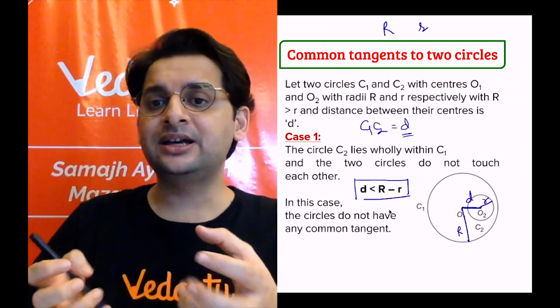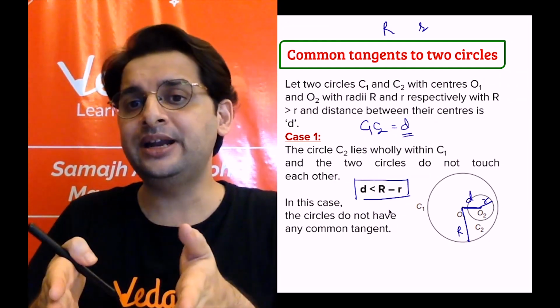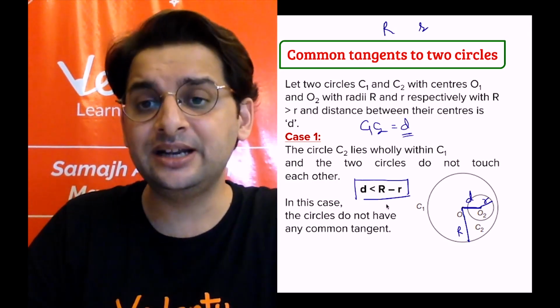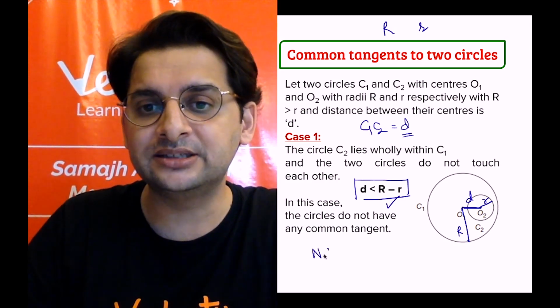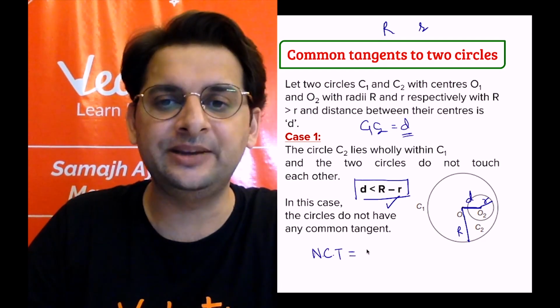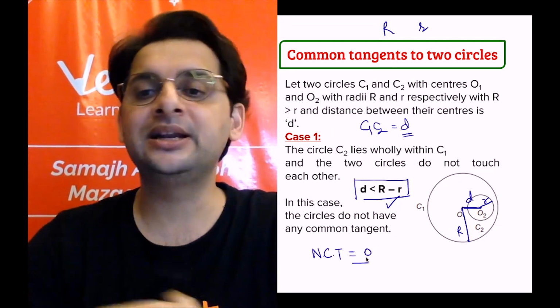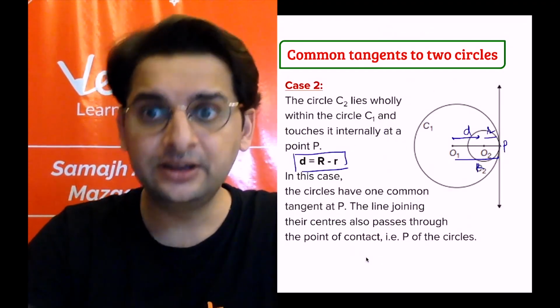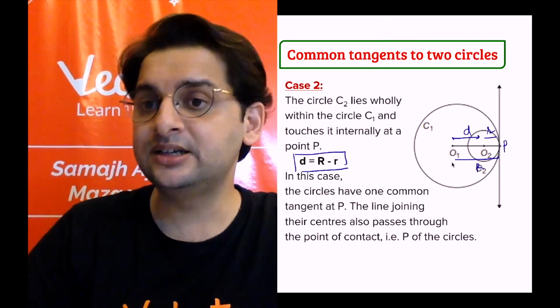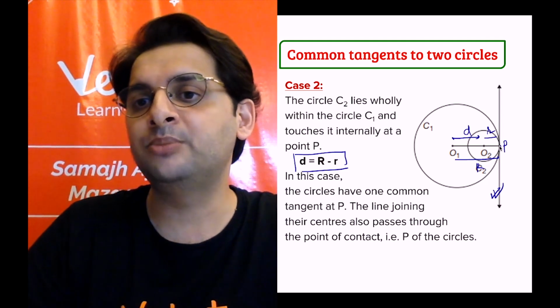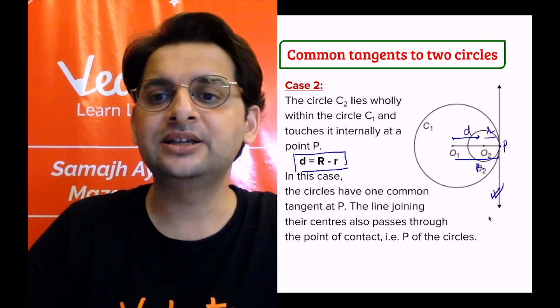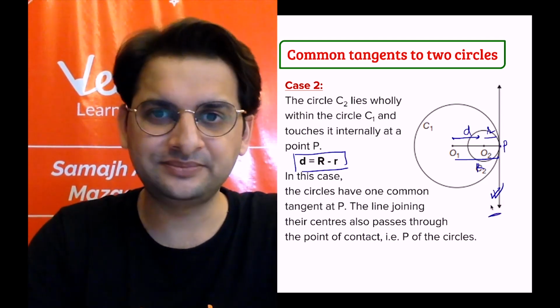If the circle is pushed further inside, the center to center distance becomes even smaller. So D is less than R minus r, and the number of common tangents, NCT, would be 0. There is no common tangent between the circles when one circle is completely inside the other. However, when the circle is touching the other circle internally, there is a common tangent at the common point of contact P. So there is only one tangent here.